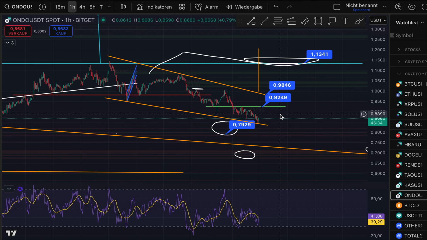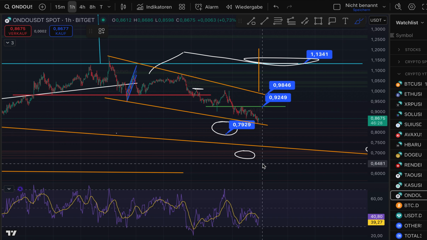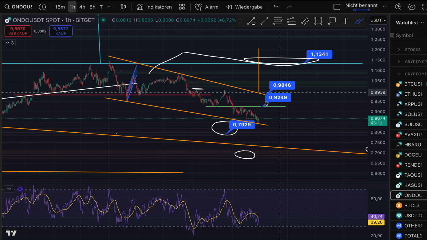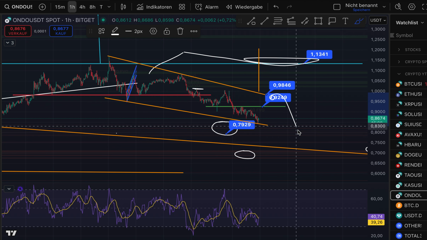But once we continue breaking to the upside without getting a major pullback, and I'm talking about something like we get over 92.5 cents, get our retest long. If we don't get rejected at 98.5 cents, and with rejected I don't mean like a small bounce to the downside and then the push. I'm talking more about we get into that area and sell off from here.